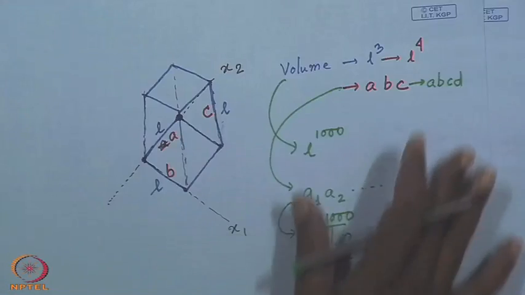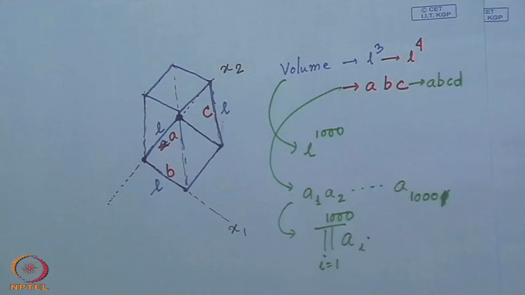Now, whatever we do, as we have seen in the case of 2-dimensional space or 3-dimensional space, every bin can be uniquely identified by the location of 2 vertices.